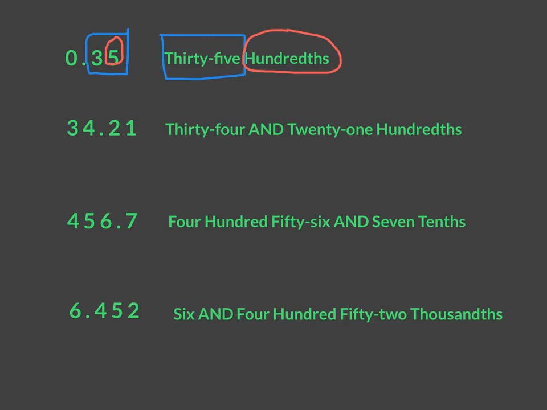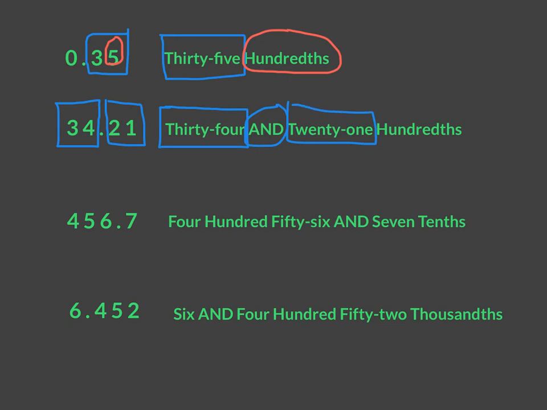Let's look at our second example, 34.21. We begin by reading the number to the left of the decimal, which is 34. The decimal is represented by the word "and." We follow that by reading the number to the right of the decimal, 21.